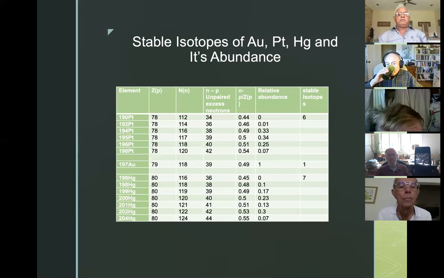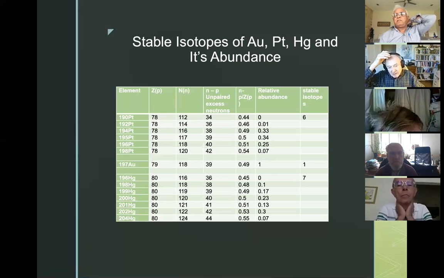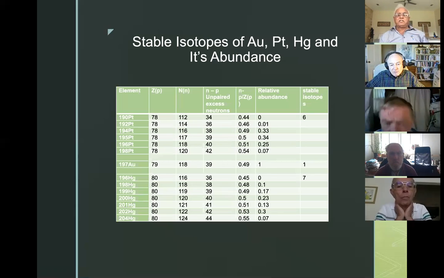So that is the only one stable. Now you go to the next one, which is mercury, which is different, an even one, and you can see that there are 7 stable isotopes. All of these total 1 here. When you add all the relative abundances, it's 1.